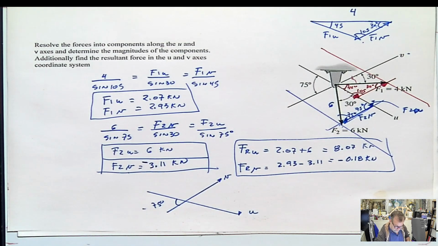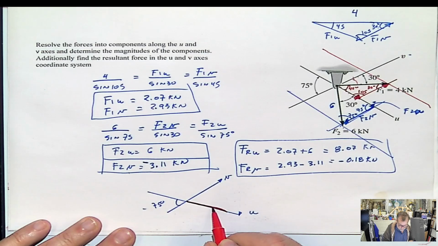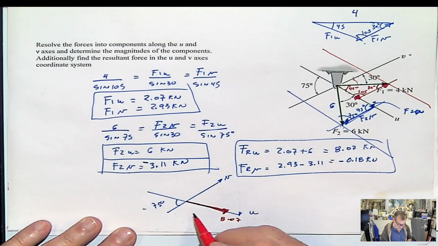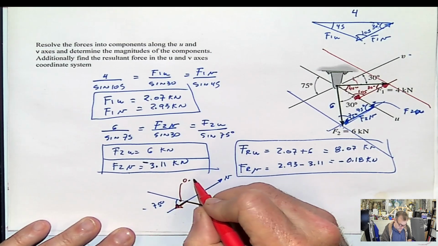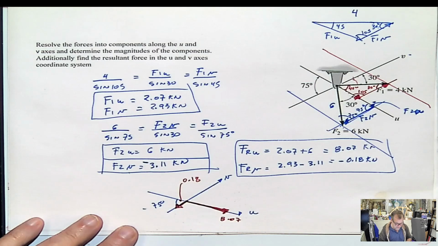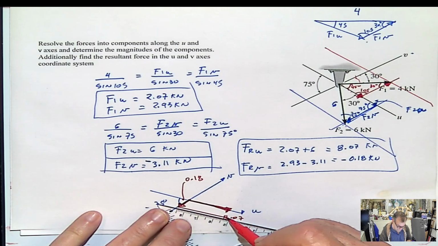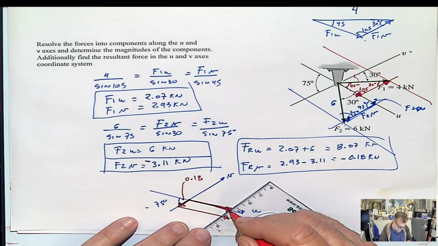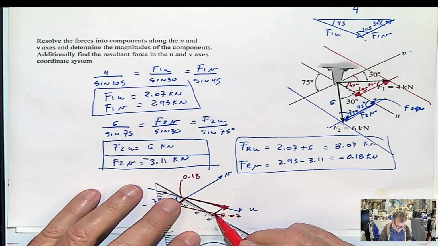So I have a resultant force of 8.07 in this direction, 8.07, and I have in the other direction 0.18, so it's going to be in this way, 0.18 in this way. What is my resultant force? My resultant force is going to be, by the parallelogram, that one.